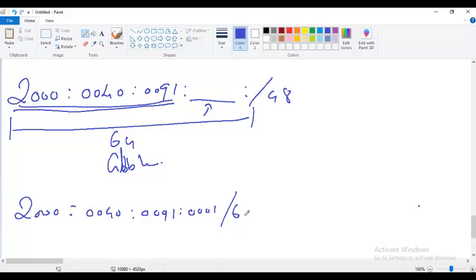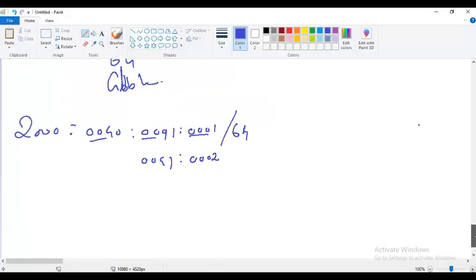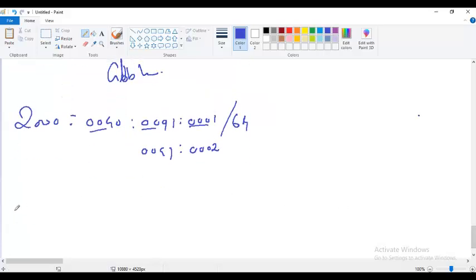For the second subnet, I'll put 2. Again, these leading zeros you can avoid. All right. So subnetting is that much only here. 2000 colon 40 colon 91 colon 1. This is the first subnet, second subnet, third subnet. Fourth subnet will be 4.